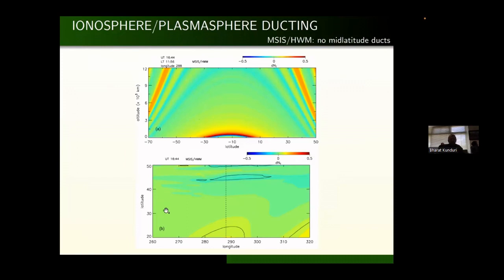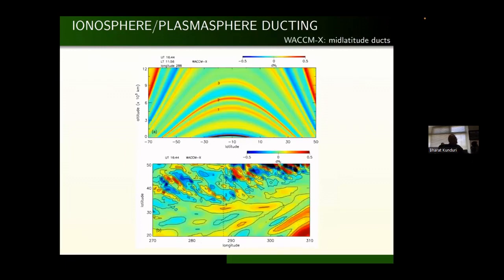Below it is the same calculation, but as a function of longitude and latitude. You can imagine this is this slice here along the dotted line. If you could take this plane and turn it, put it here, that's the idea of what it's looking like. So again, it's relatively bland.